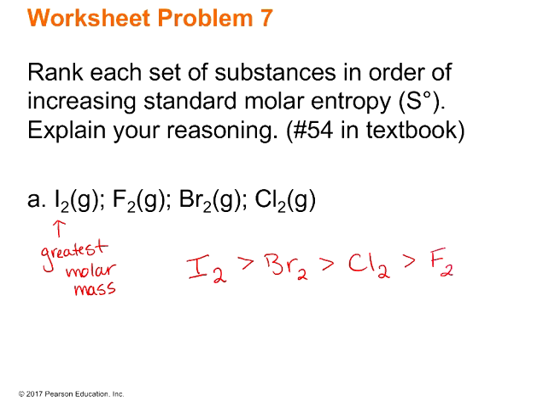So fluorine has the smallest molar mass, which means it has the smallest amount of entropy. So I2 has the greatest standard molar entropy, and fluorine has the smallest standard molar entropy.